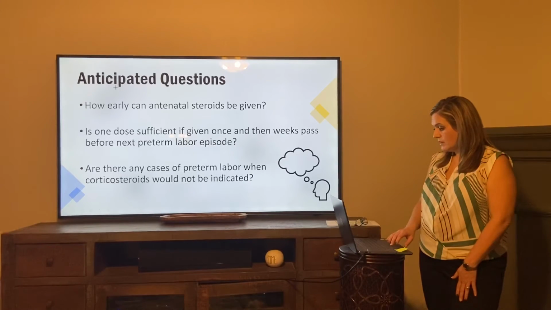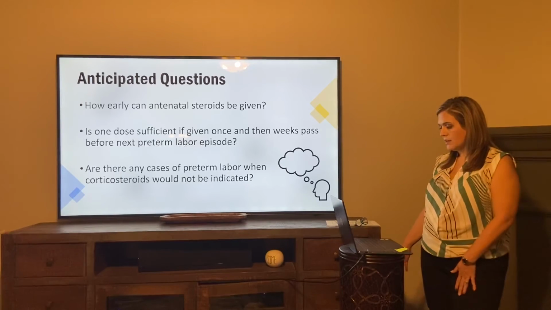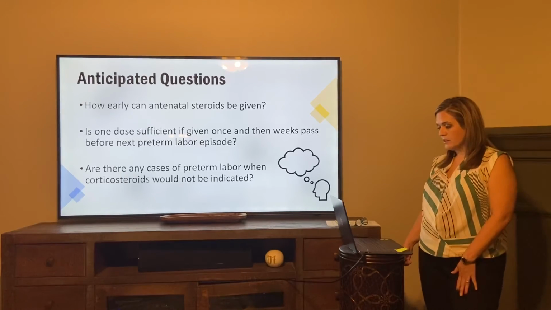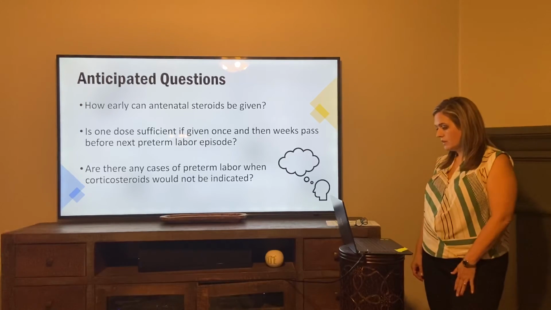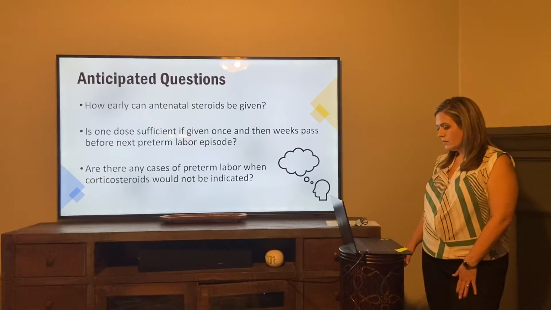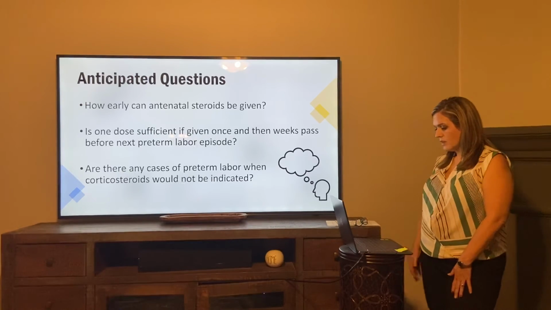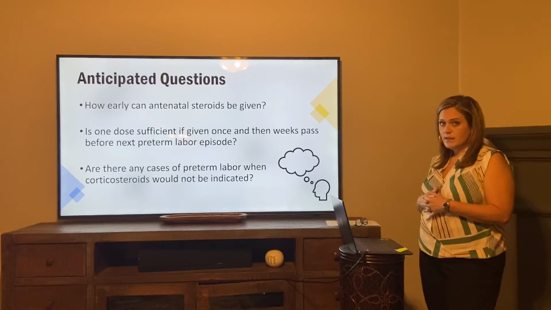After addressing these anticipated questions, we'll break into small groups for a case study exercise to address our second objective, which is applying the knowledge of antenatal steroids to tangible obstetric scenarios. The second exercise will be done by dividing students into pairs so that they can synthesize the information.